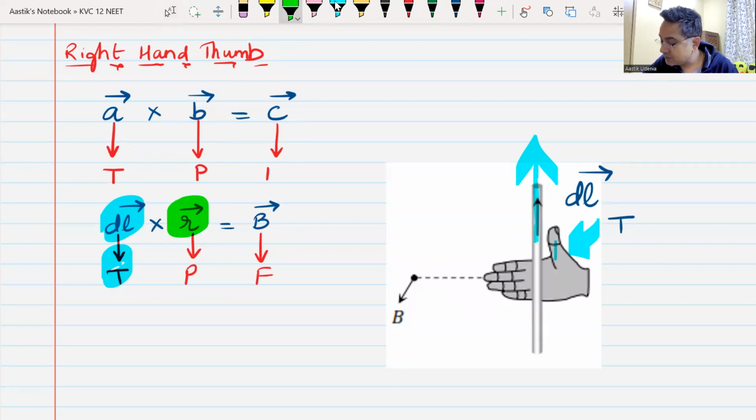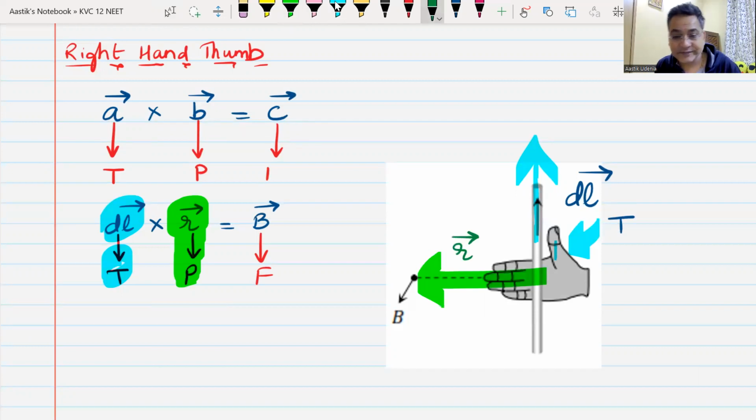In the direction of the r vector, your palm goes. You understand this? And then you turn your fingers. This is the direction outwards. Your fingers will turn, coming out of the board. Do we understand this?